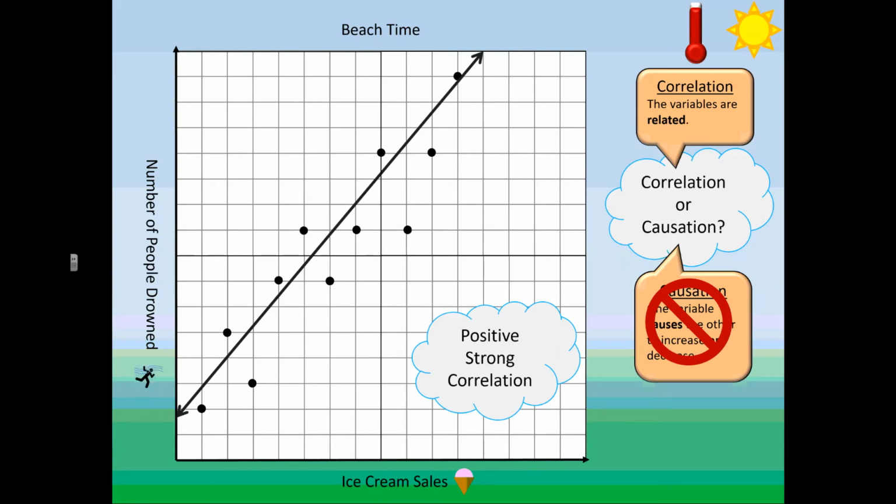However, as the temperature rises, ice cream sales rise because it's hot. And the more people at the beach, because it's hot, means it's more difficult for the lifeguards to actually see what's happening and to rescue the people who need help. So it's the temperature that's causing the ice cream sales and the number of people drowning, which means you have to be very careful when talking about statistics. Sometimes two variables are very related, but they are not causing each other to happen.